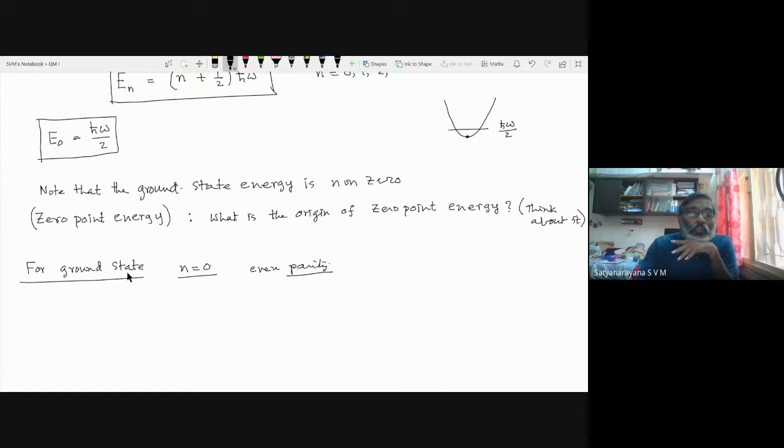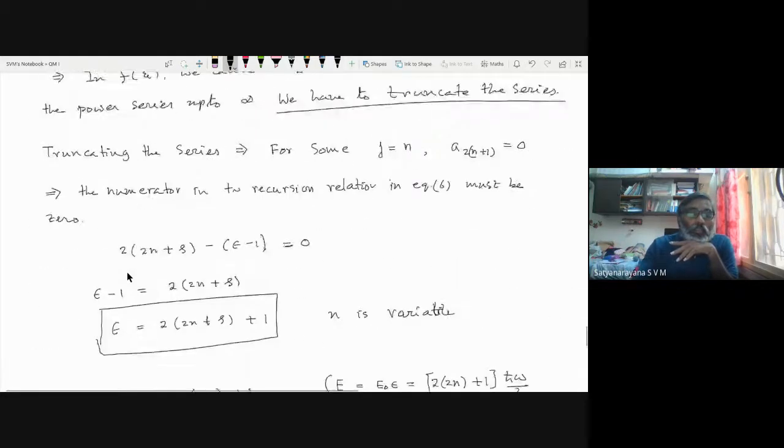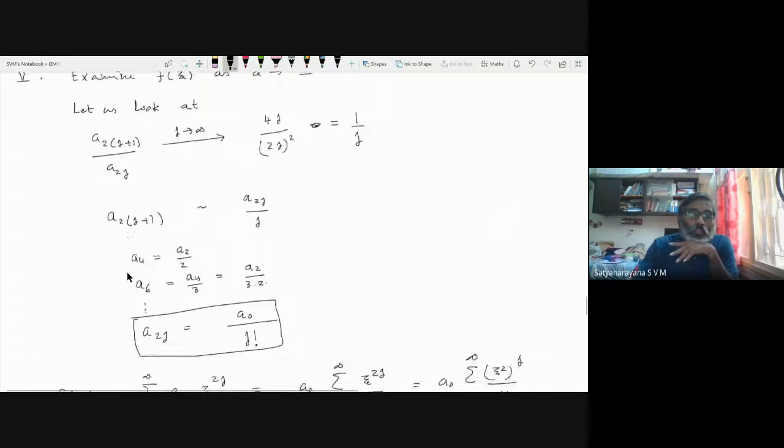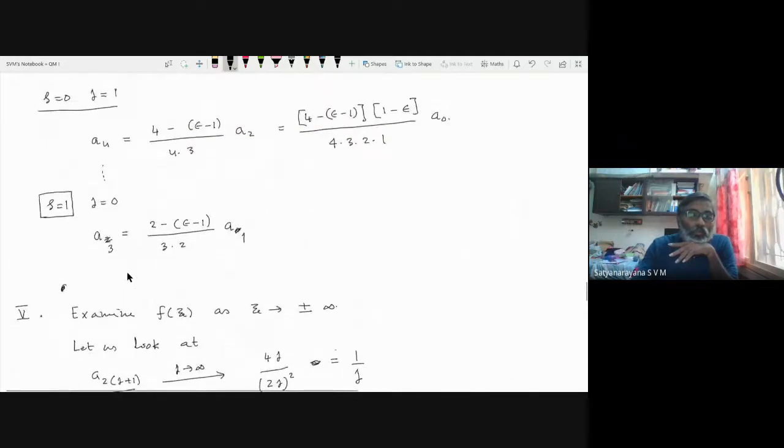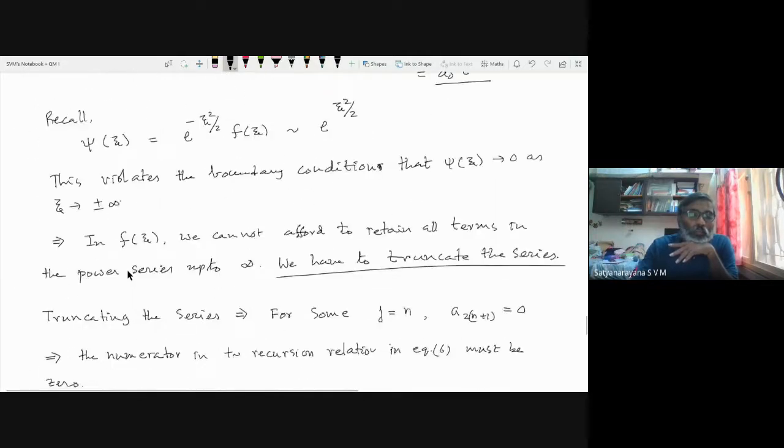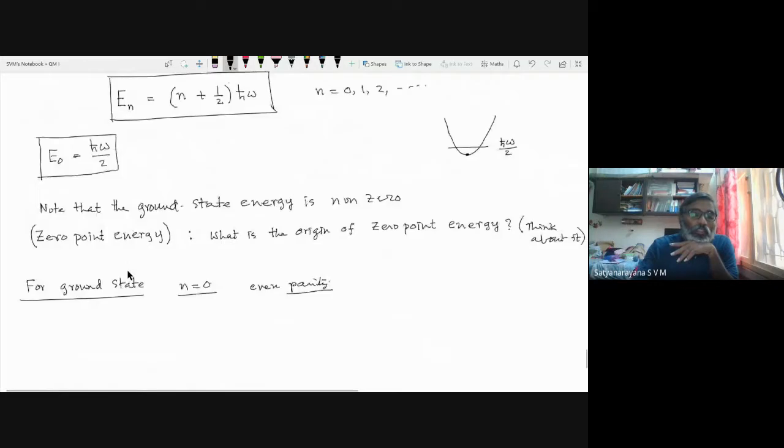If you go back to this expression, only a0 will be there. So the ground state wave function will be psi 0 of xi equal to a0 into e to the minus xi square by 2, and you have to get this a0 by normalization.